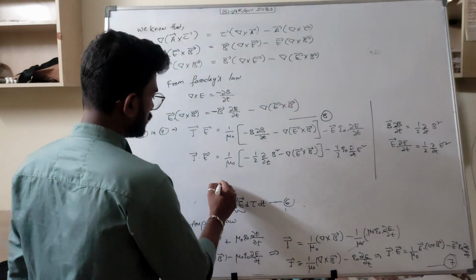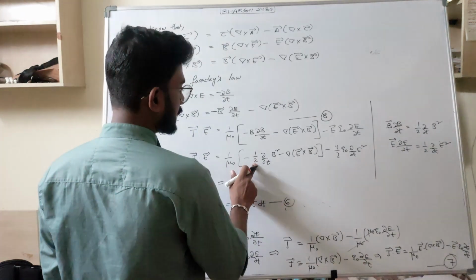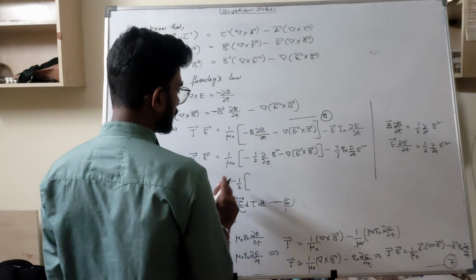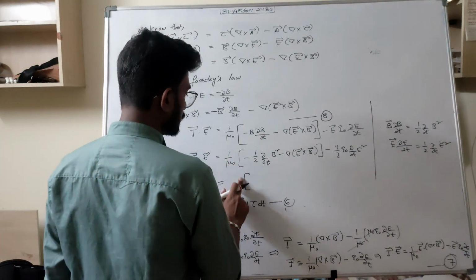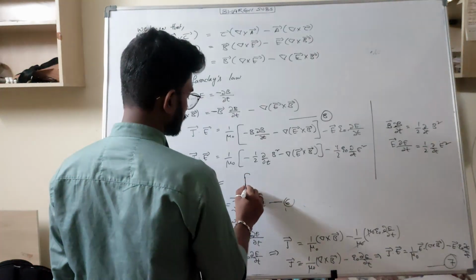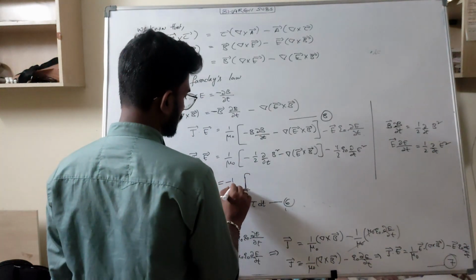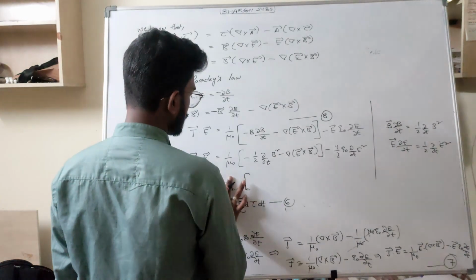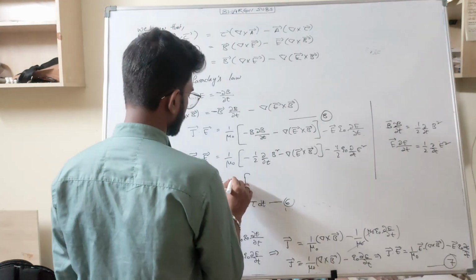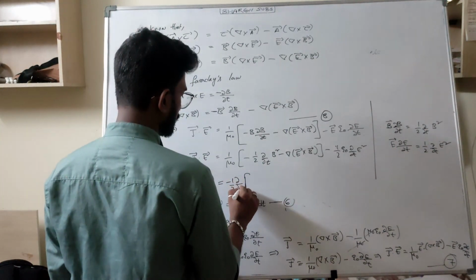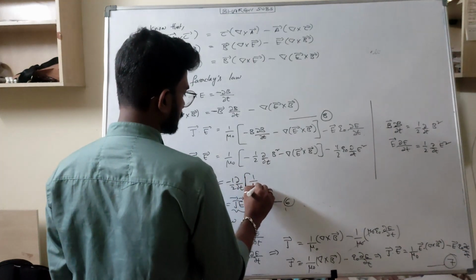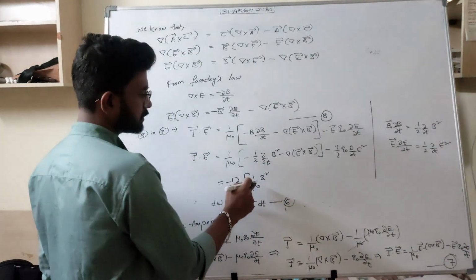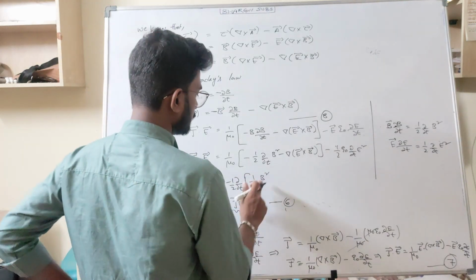After substituting, before that, I will take minus 1 by 2 ∂/∂t common from these two terms. So finally what I will get, minus 1 by 2 ∂/∂t of 1 by mu naught B square. 1 by mu naught was constant, so it was differentiation of B square only.